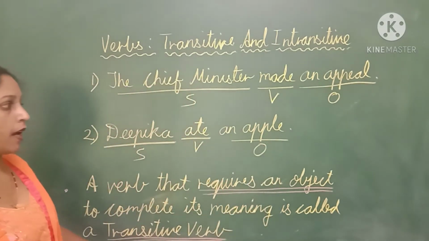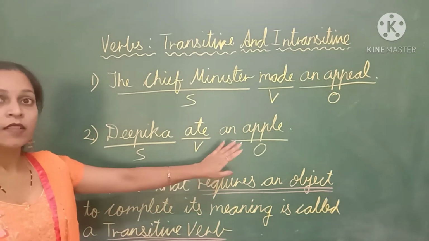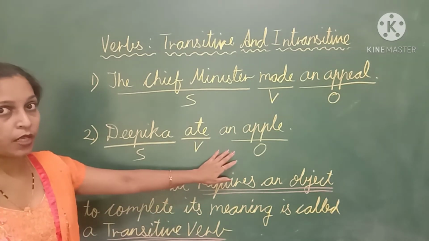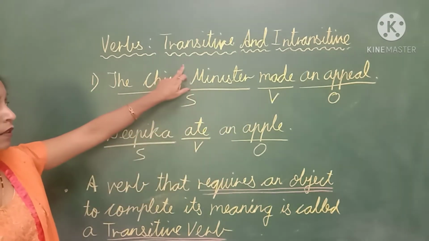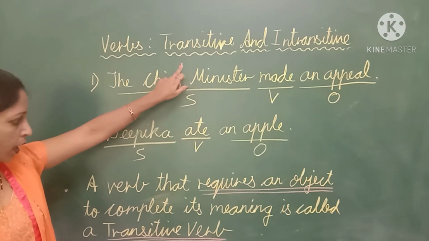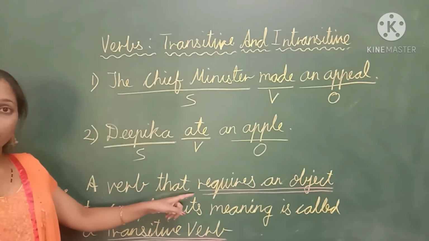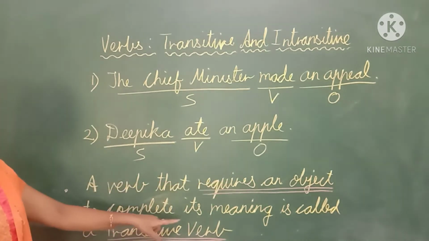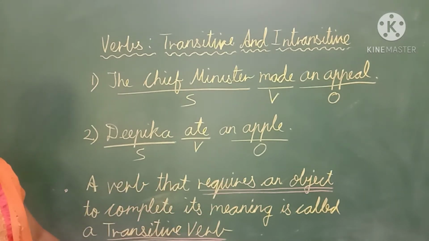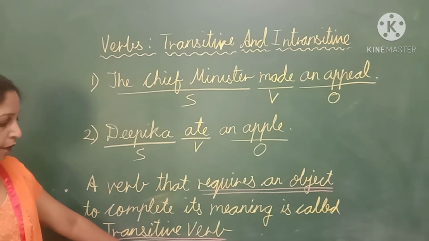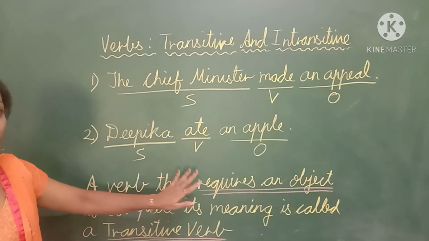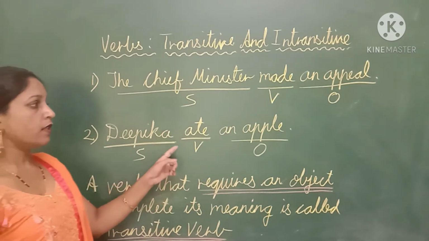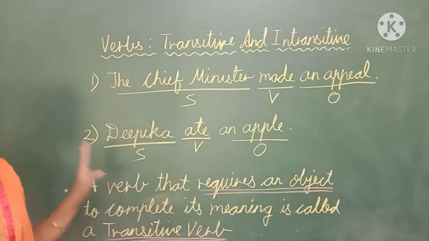So, we understand that without an object, some sentences are incomplete. So, the verbs made and ate are transitive verbs. A verb that requires an object to complete its meaning is called a transitive verb. This is the definition of a transitive verb. Without an object, that sentence is not complete. So, such verbs are known as transitive verbs.